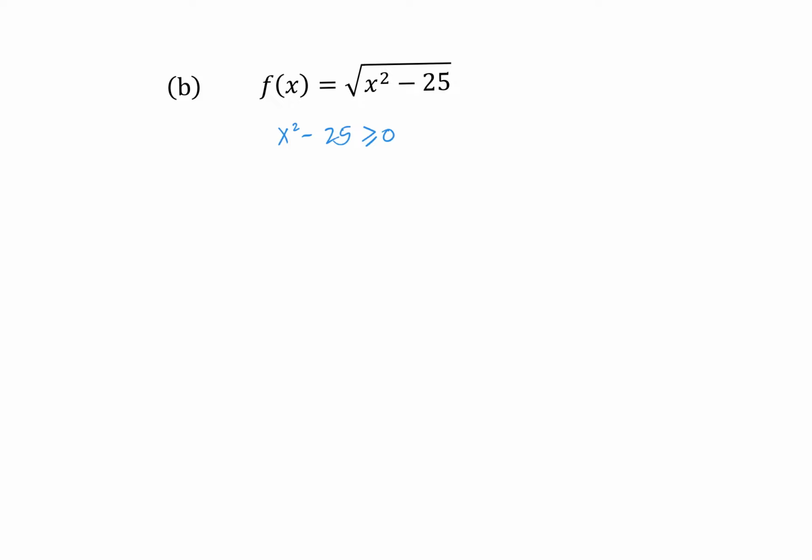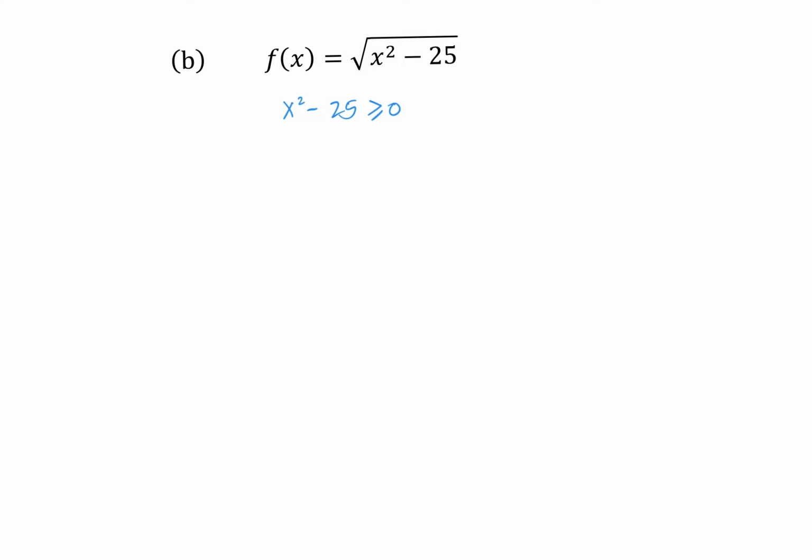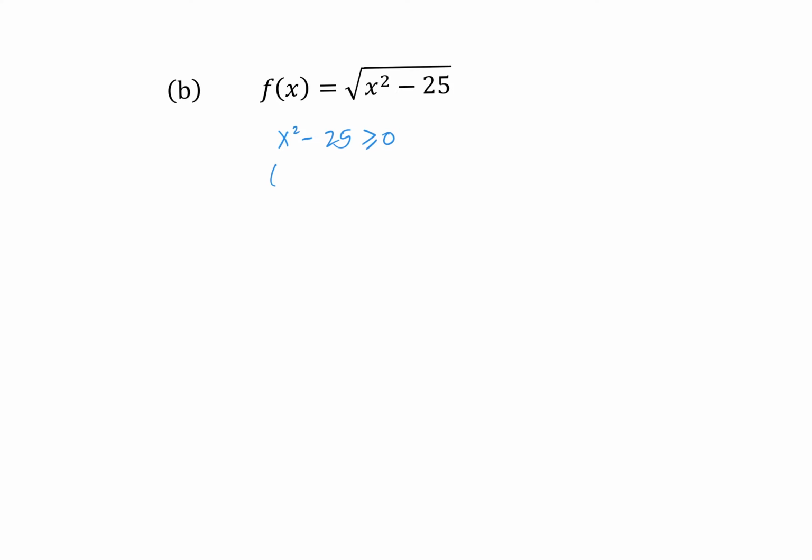So instead, when we have these quadratic inequalities, the strategy is to factor, and then set the factors equal to zero, remember those would give us our points and split up our number line. So we have x is equal to -5, x is equal to 5.